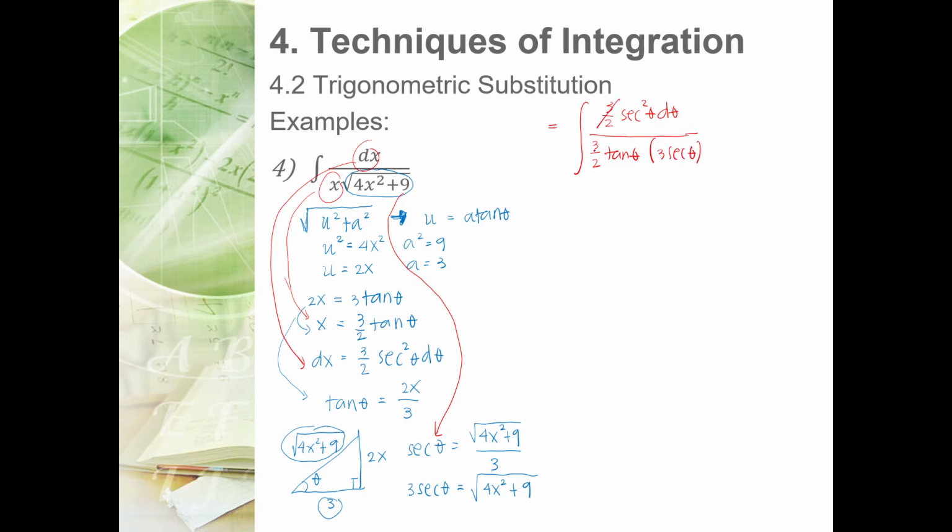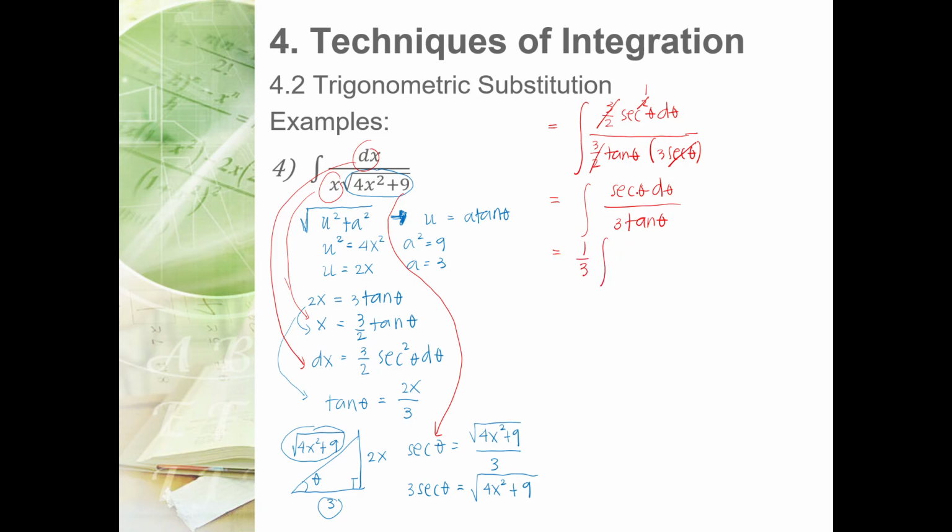So notice that we can eliminate, di ba, ang secant. So this leaves us with 1 secant function in the numerator and then 3 tangent theta in the denominator. So again, we can isolate the constant.